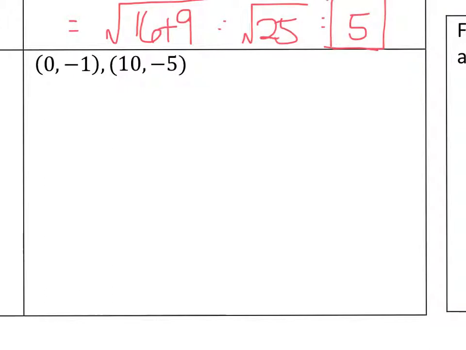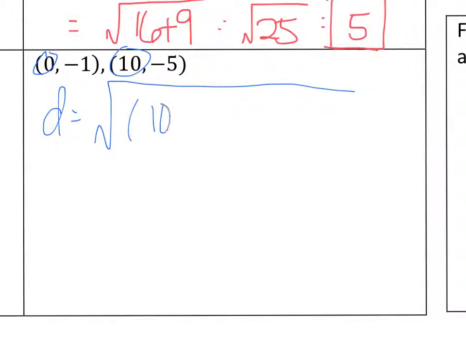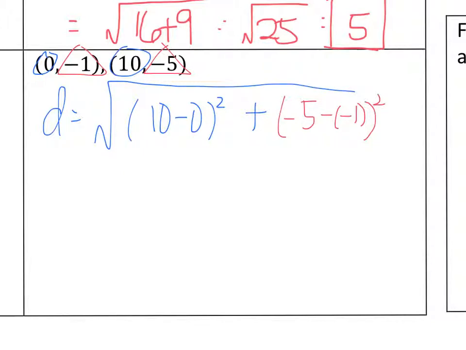Okay, here we have distance. Let's take the difference of the x coordinates. 10 minus 0 squared plus, and then take the difference of the y coordinates. Negative 5 minus 1 squared. 100.